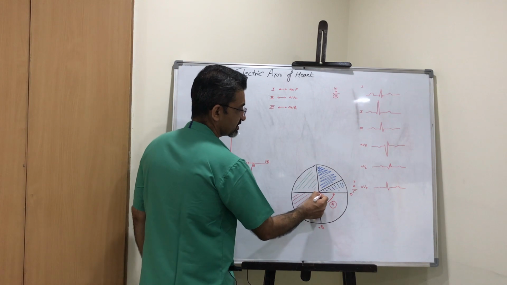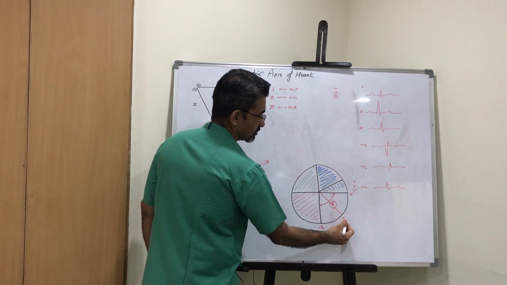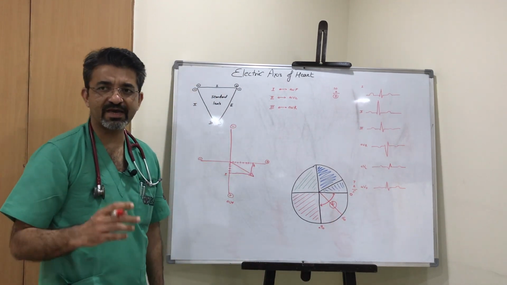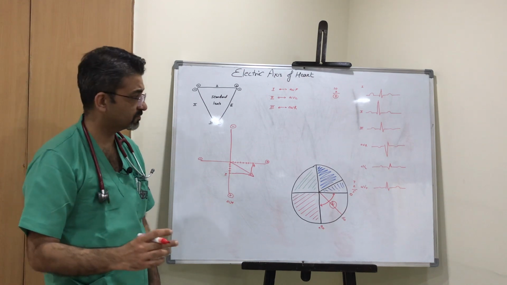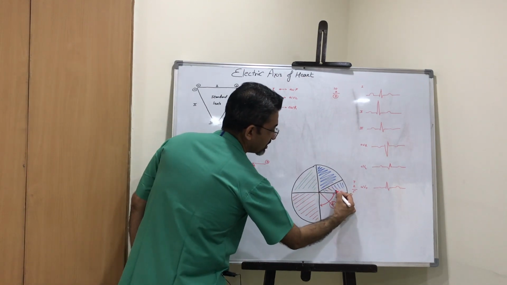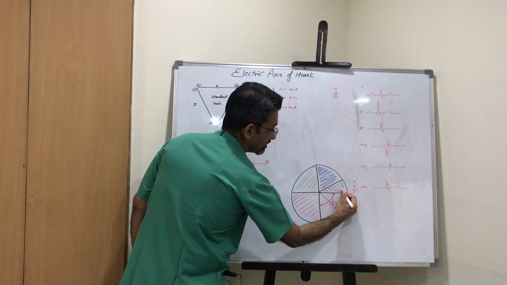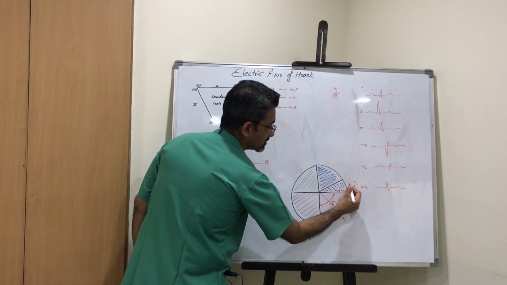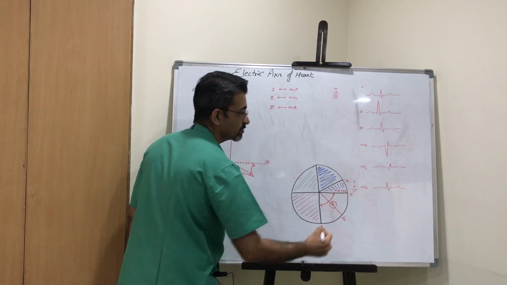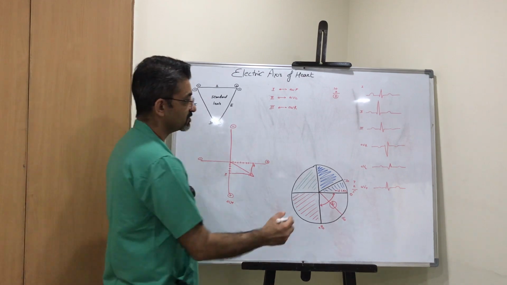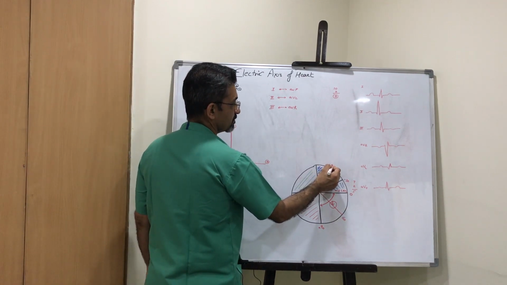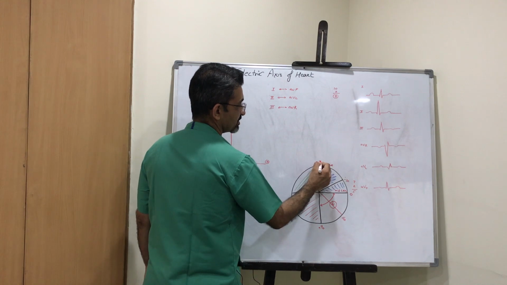Ideally, it is at 60. 40 to 60 is the ideal axis of QRS. This is your mild LAD, mild left axis deviation, 0 to minus 30. This is your severe LAD, minus 30 to minus 90.